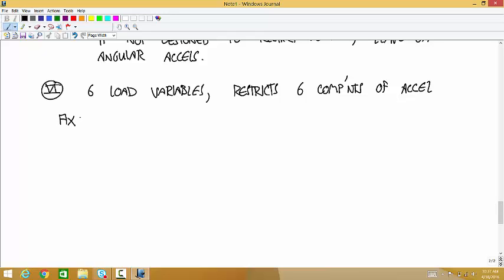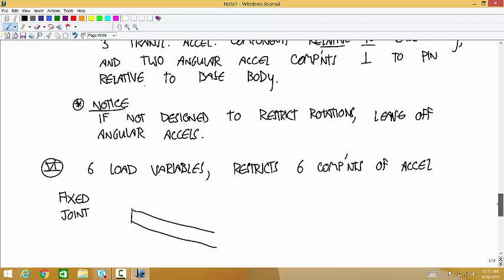That's a fixed joint. Connected to a fixed joint, the body can't move at all relative to whatever it's connected to.